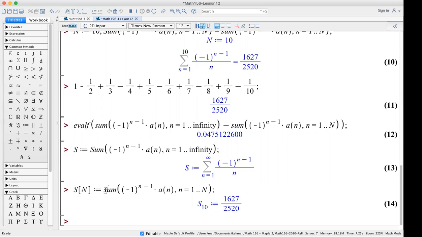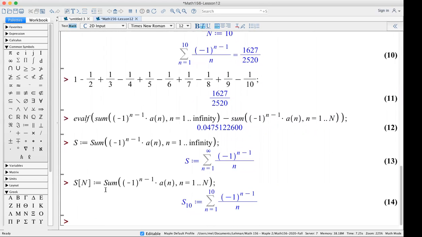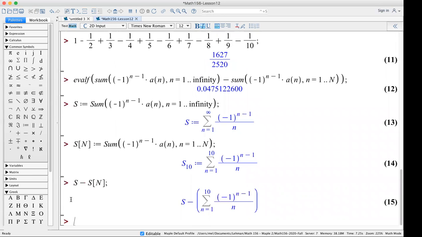Let me write this as capital S. Yeah. So this is the infinite series. This is the first capital N terms. This is the difference.